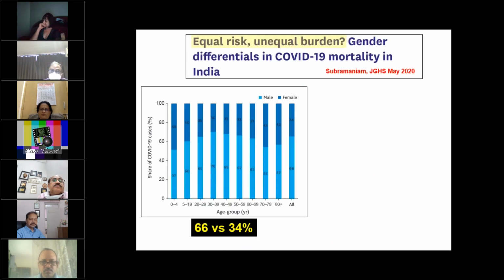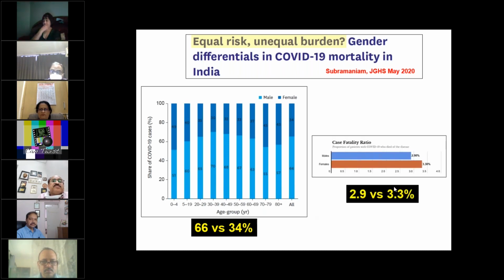But this is very, very interesting recent data from India, the gender differential. The positivity was higher in males, we all know that, but the case fatality rate surprisingly was a bit higher in females. This is data from India.